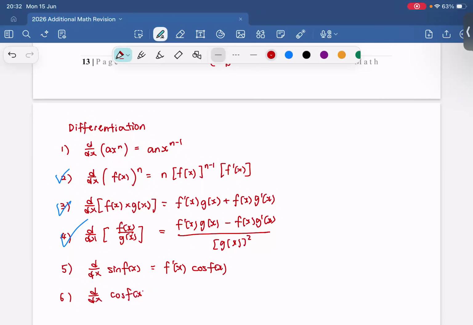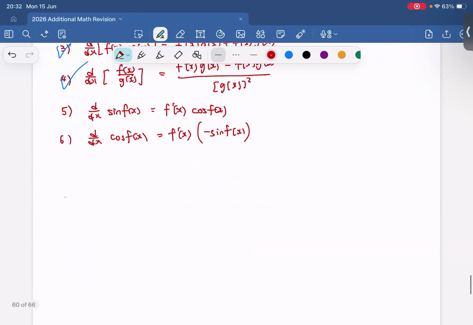Last but not least, you differentiate your exponential function: power stays the same because the power has x, then you just need to multiply by the derivative of the power. Okay, so you need to know a few of these, copy down first.